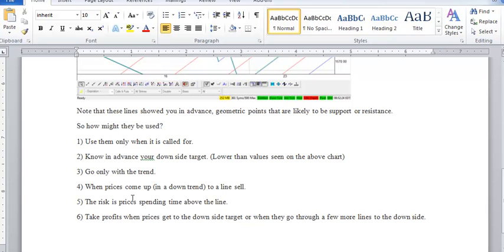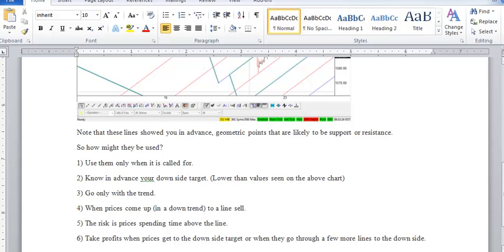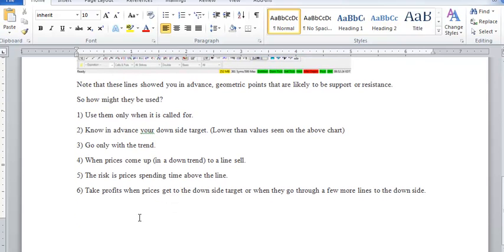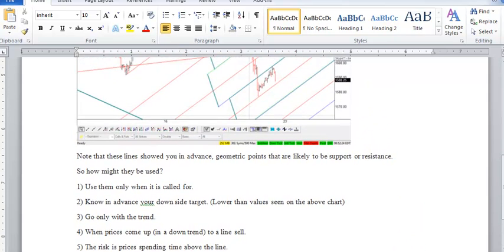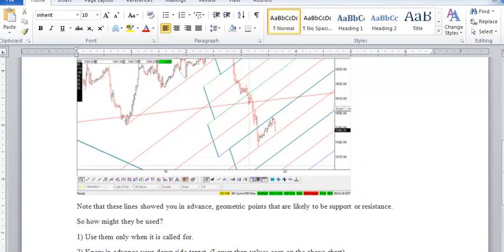The risk is them spending time above that line, whatever line they hit or came very close to. Of course, you want to take profits, at least some, when prices get to the downside profit area. And watch that downside profit target area, because you could get really strong support there, or when they go through several lines to the downside.